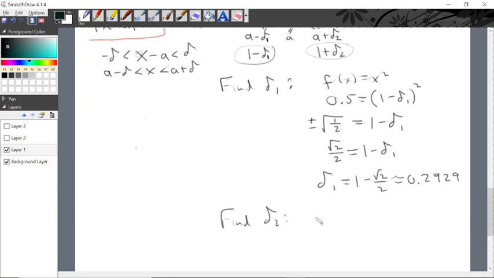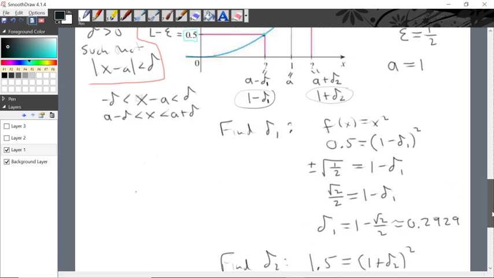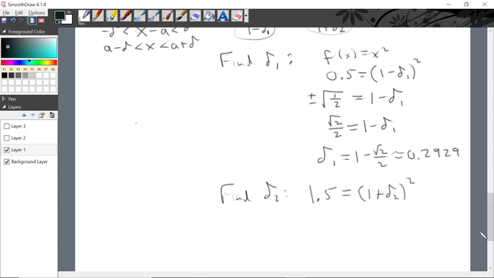So if the output is 1.5, the input was 1 plus delta 2. So 1 plus delta 2 squared is equal to 1.5, or 3/2. So we take the square root, we get plus or minus, but again, because we can see from the graph here, we want the closer one to 1, so we're going to take only the positive root.